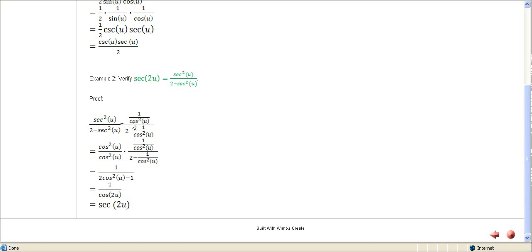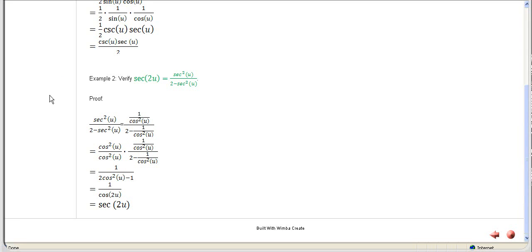So I'm using the reciprocal identity first, and then I'm going to clear the complex fraction. And remember, to clear the complex fraction, you can multiply the numerator and denominator by the LCD. And the LCD of this complex fraction is cosine squared u. So we're going to multiply the numerator by that and the denominator by that.